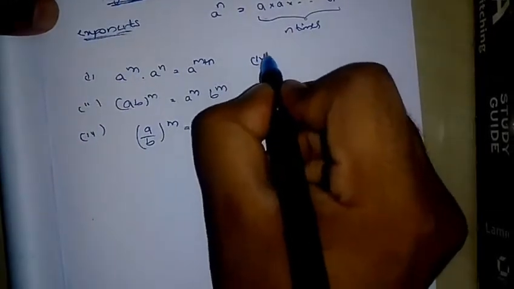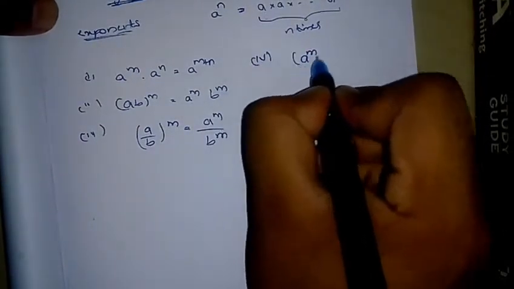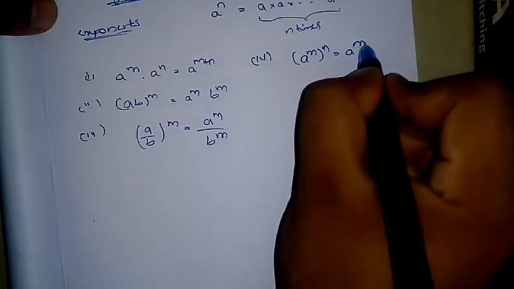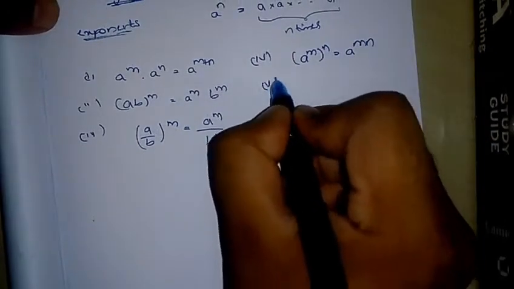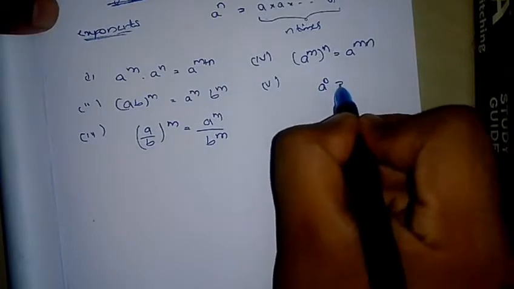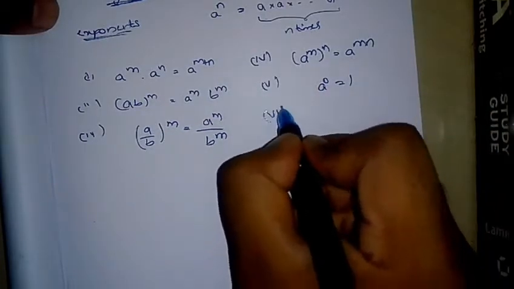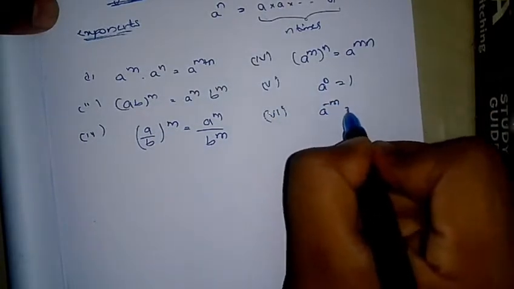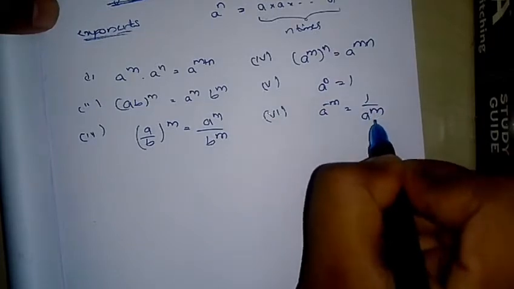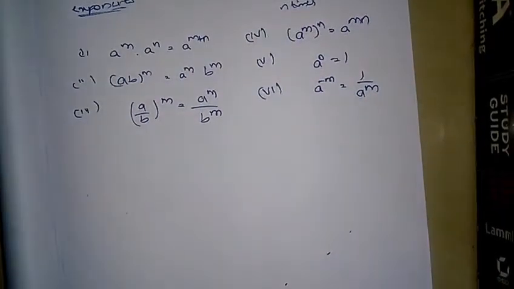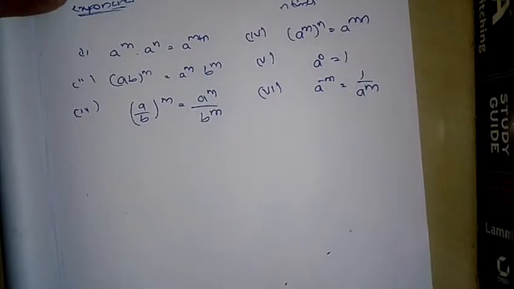Fourth one, a power m whole power n is equal to a power mn. Fifth one, a power 0 is equal to 1. Sixth one, a power minus m is equal to 1 by a power m. These are a few formulas in exponents.